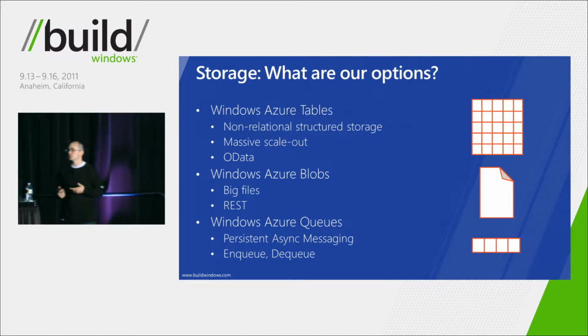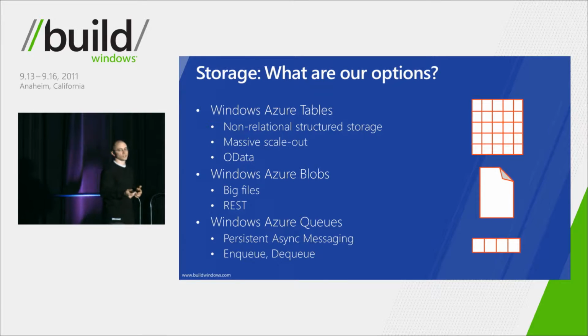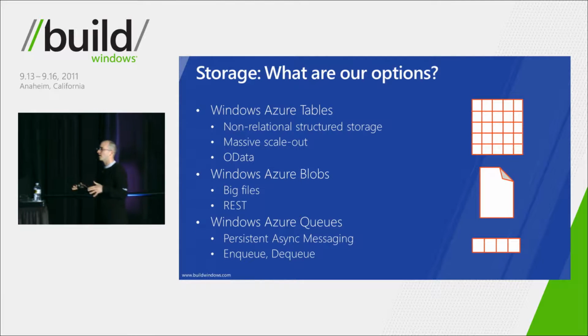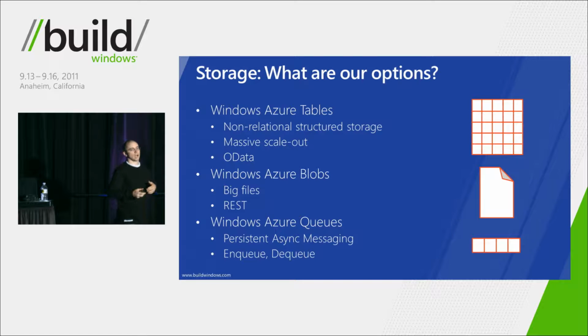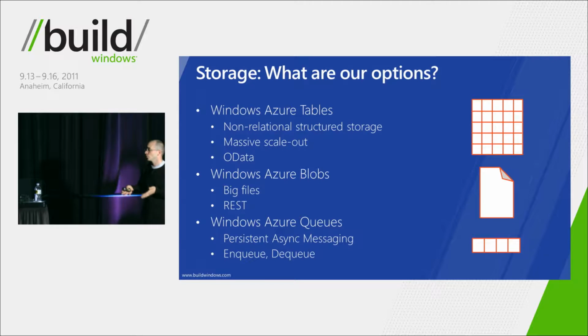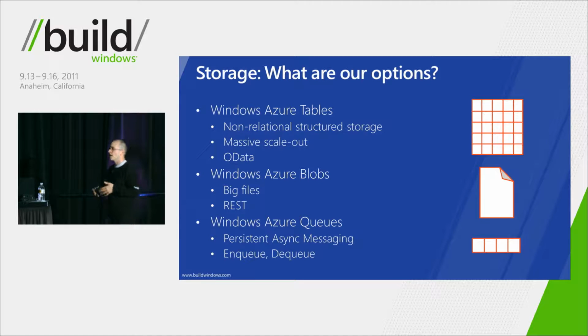Now, there's a lot of different storage constructs in Windows Azure from which you can use. Within Windows Azure Storage, we have the concept of tables, blobs, and queues. Now, tables are not what you'd think of with relational tables. These are non-relational structured storage, basically places where you can define some like a schema for your object and for the data that you want to store and store it there.